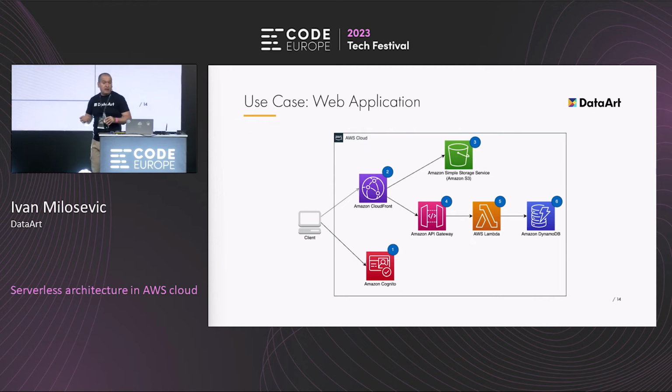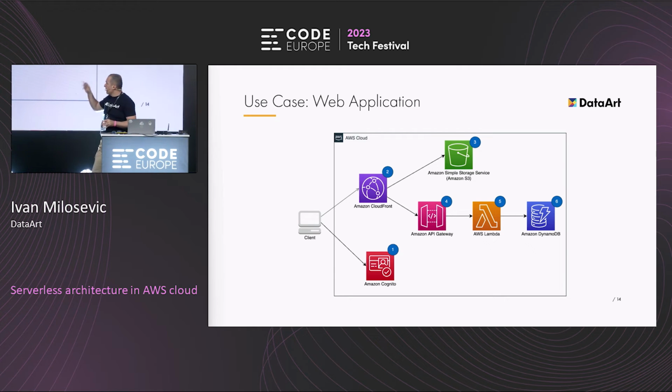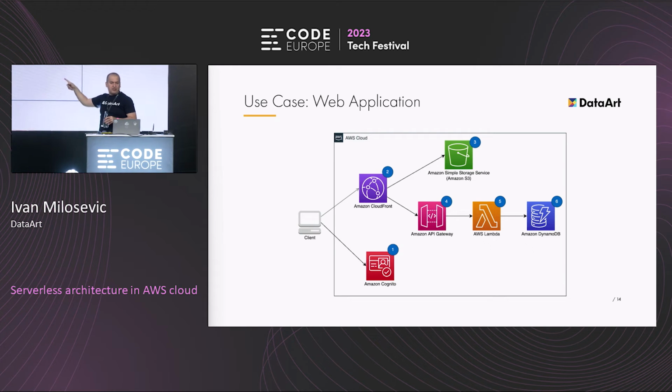So Amazon CloudFront acts as a CDN. It enables global access to static content, while on the other hand, for the dynamic content, you have Amazon API Gateway.